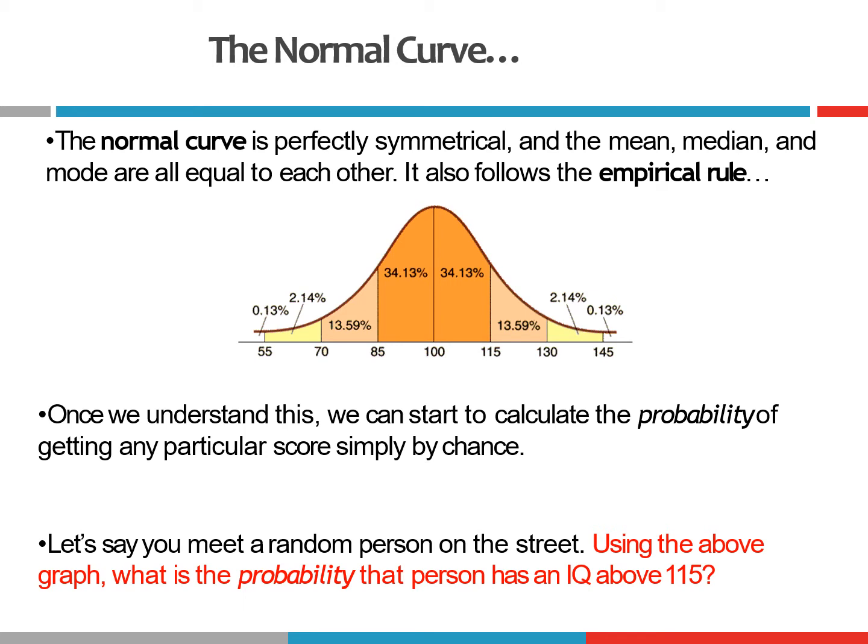And if you added up all of the associated probabilities, okay, 34.13 plus 34.13 plus 13.59 plus 2.14 plus 0.13, you would get a probability of 84.14. Okay, so provided our data is normally distributed and approximates a normal curve, we can actually estimate the probability that a person has an IQ score either above or below whatever our metric is.